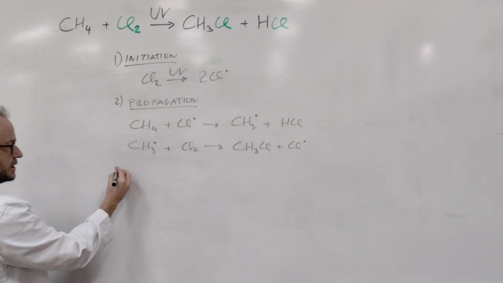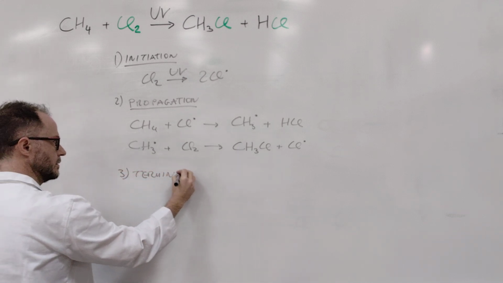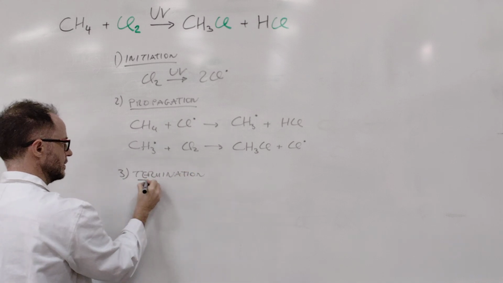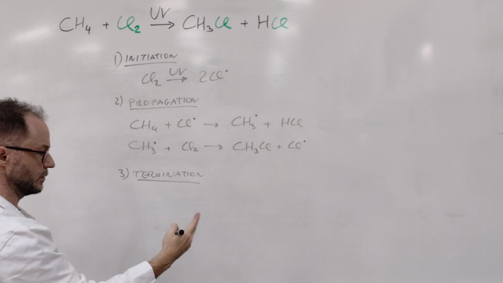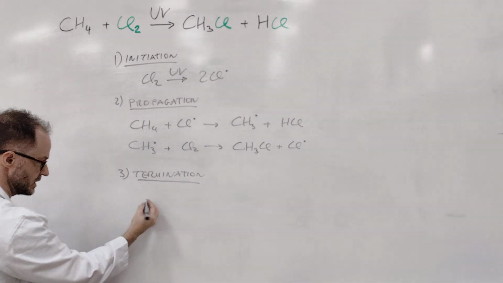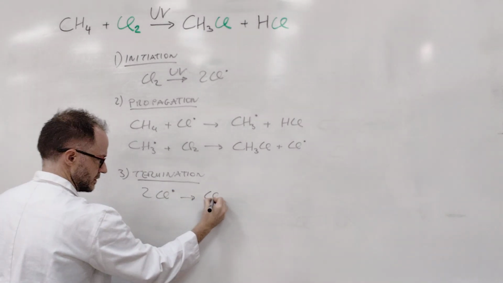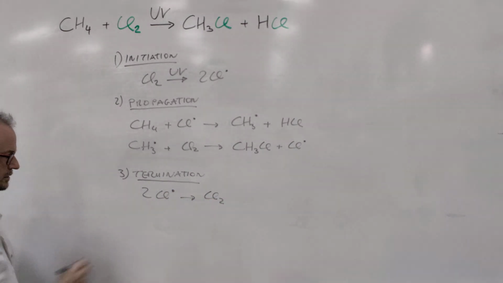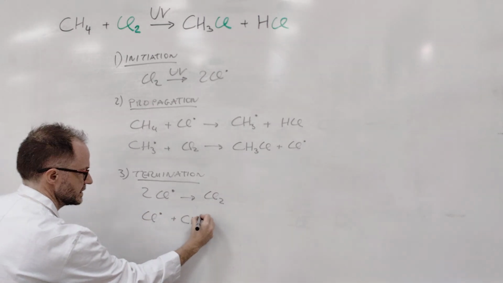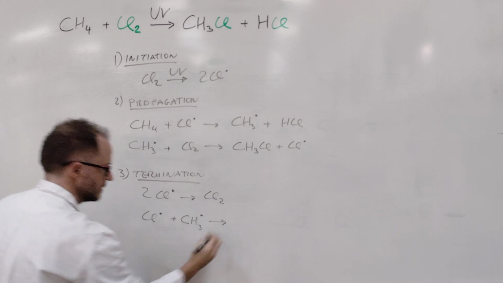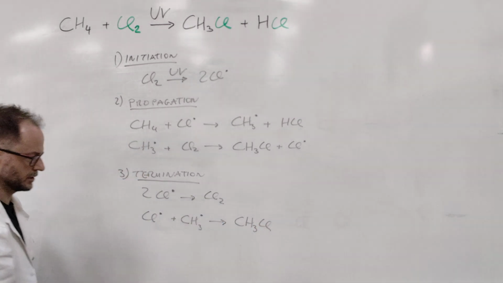And finally, termination. We have 2 types of free radical, and therefore we have 3 potential products. One being the chlorine free radical meets a methyl free radical. We get chloromethane, one of the products.